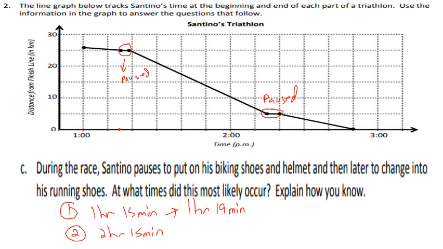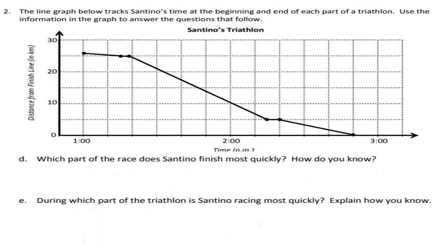So I'm going to go ahead and say 2 hours and 15-minute time frame, and he's right at the 2 hour 20 minutes. And we know that just because of this horizontal line. There's absolutely no change because there was no change in distance during that.